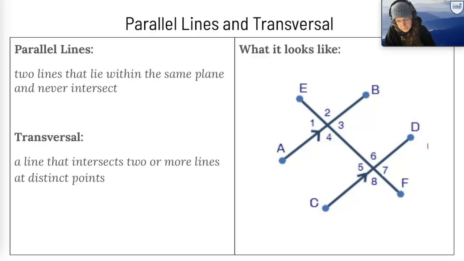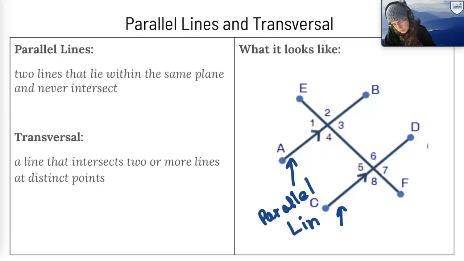Write that down. So let's talk a little bit about parallel lines. What are parallel lines? Parallel lines are lines that go on forever and never touch. See these little marks right here? That indicates that the lines are parallel.